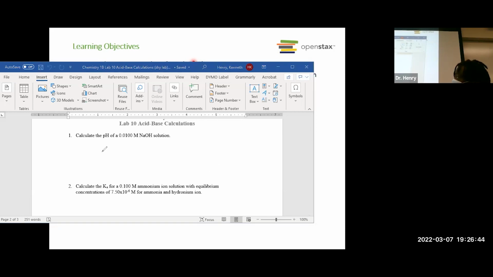Okay, set pH equals negative log of the concentration of the hydronium ion, right? Okay, but what do I have the concentration of?